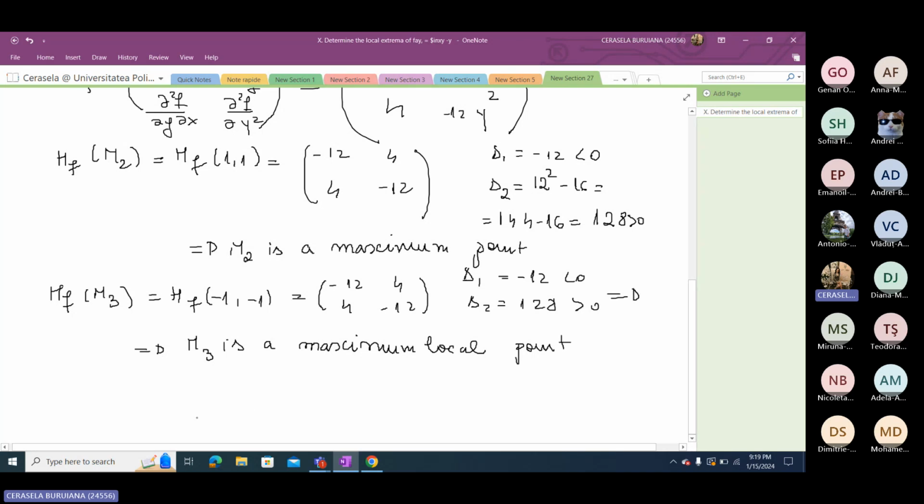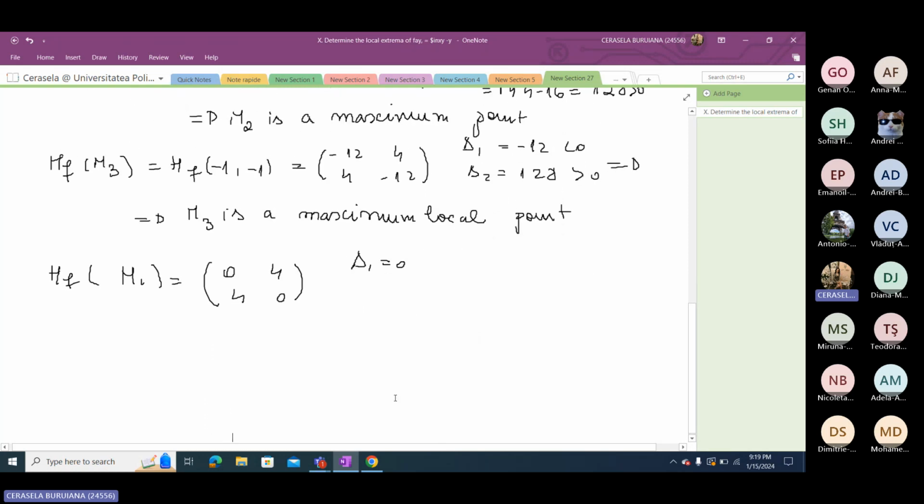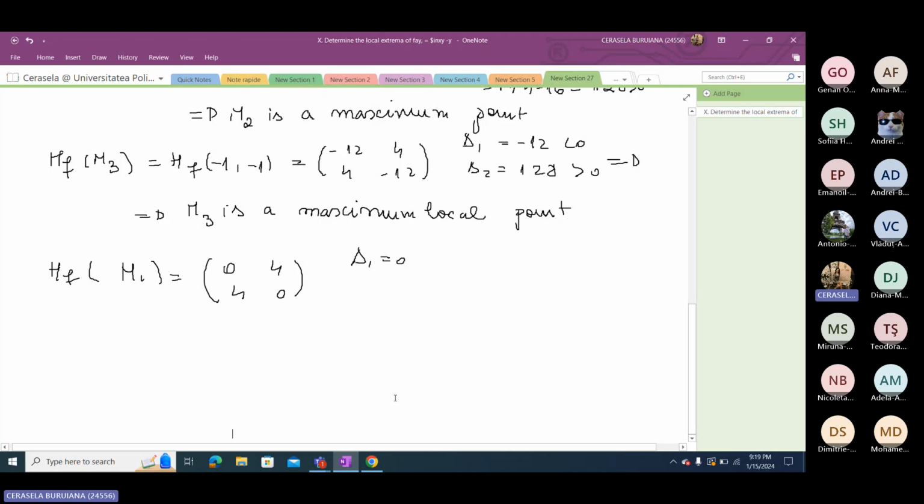Okay, I finished with those two. Now I will take the last one, M1, and see what happens. When I take M1, immediately I get the matrix 0, 4, 4, 0. Delta 1, I see that it's 0, so I can't apply the theorem with the determinants.